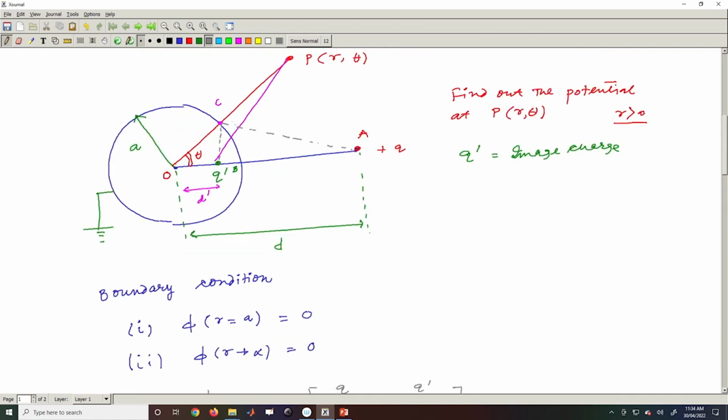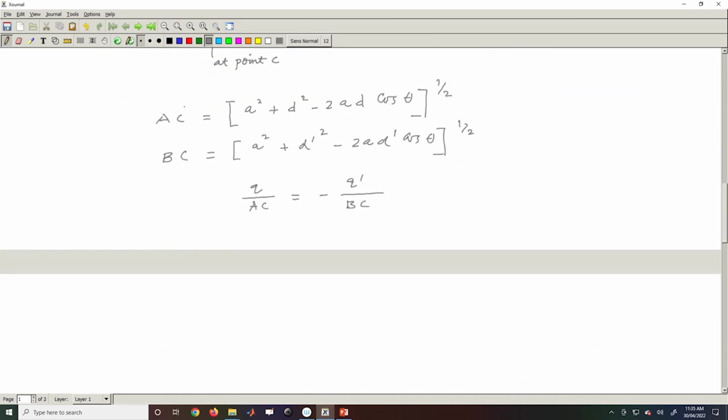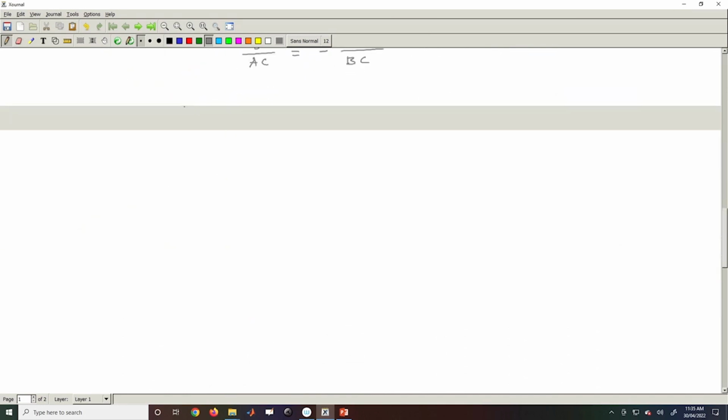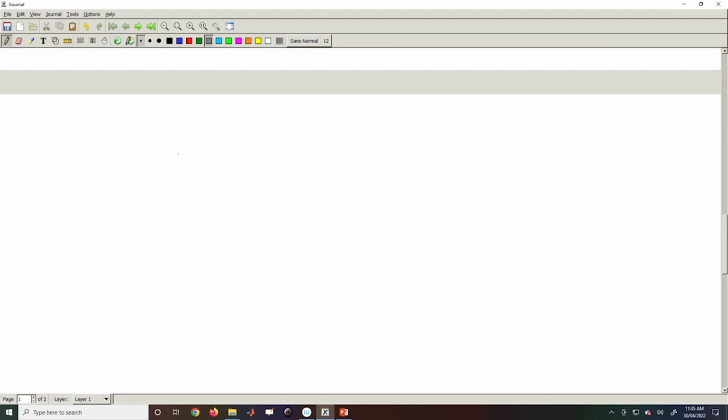So over all this periphery, the value of the potential is 0. Now let us simplify the expression.